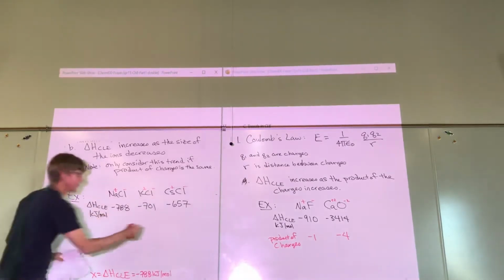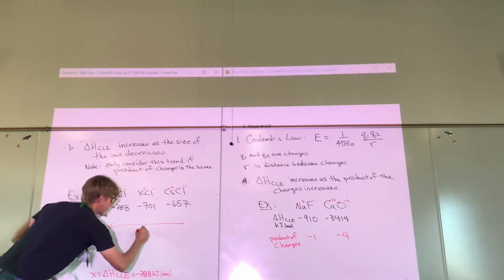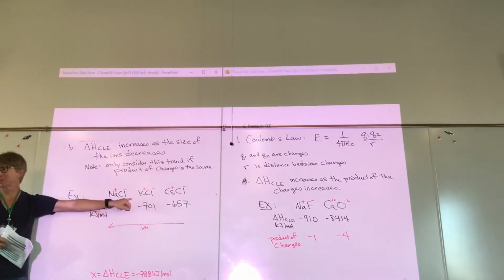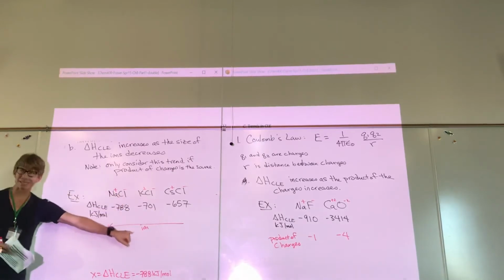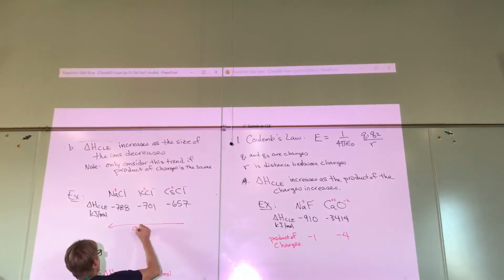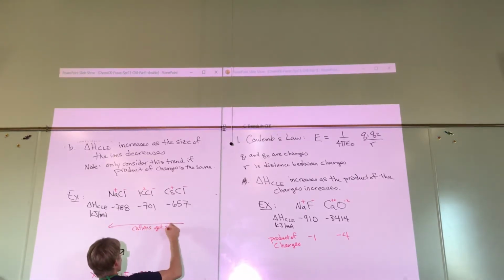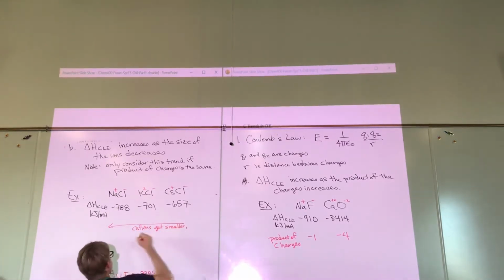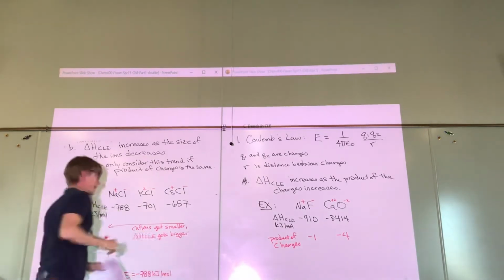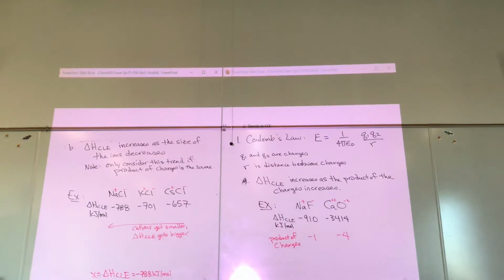So I guess I should put here, since the chloride ion is always the same, cations get smaller going this way. Cations get smaller, crystal lattice energy gets bigger.